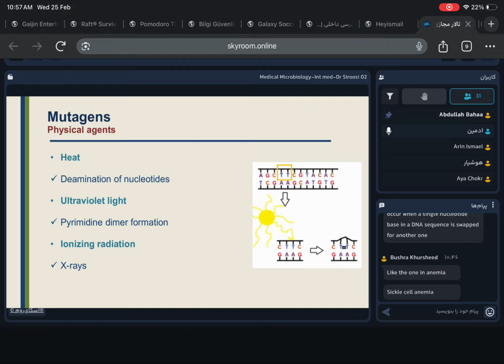These free radicals are able to damage macromolecules inside the cell, including the DNA that we have in the cell. So X-ray actually is able to break down the double-stranded DNA. They can break down only one strand or both strands of the DNA.